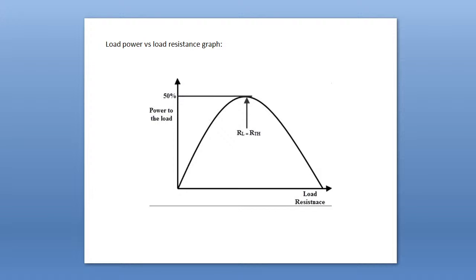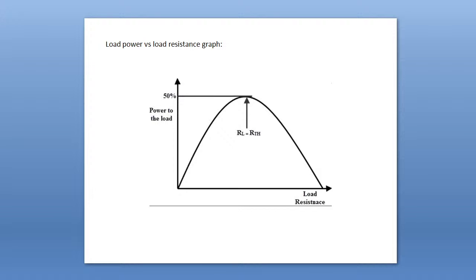The first question for all of you is, if load resistance is equal to Thevenin resistance of the circuit, then what will happen? My question is, if load resistance is equal to source resistance, then what will happen in your circuit?